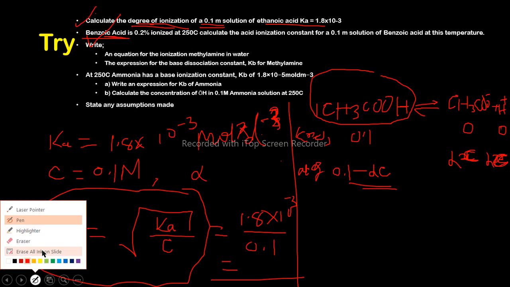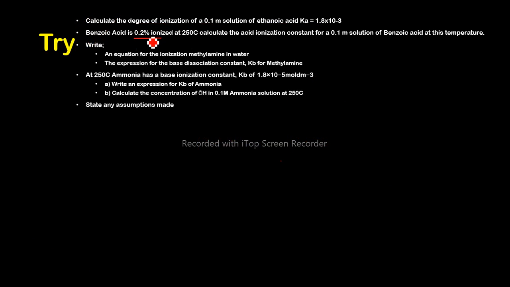Now for number 2, you're given the degree of dissociation, alpha, which is 0.2% ionized at 25 degrees Celsius, at room temperature. In other words, our benzoic acid is 0.2% ionized.